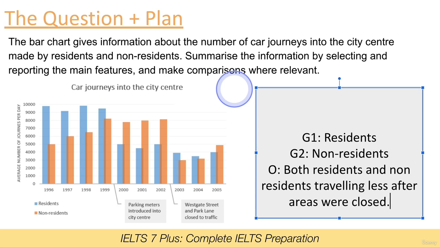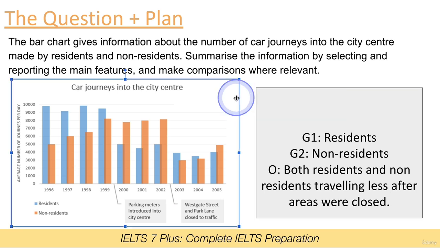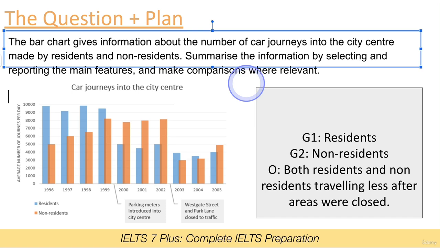So we just want to talk about this striking observation that they both fell after this street and lane was closed. Okay, so we've got our group 1, we've got our group 2, and then we've got our overview. So let's go to the write-up.